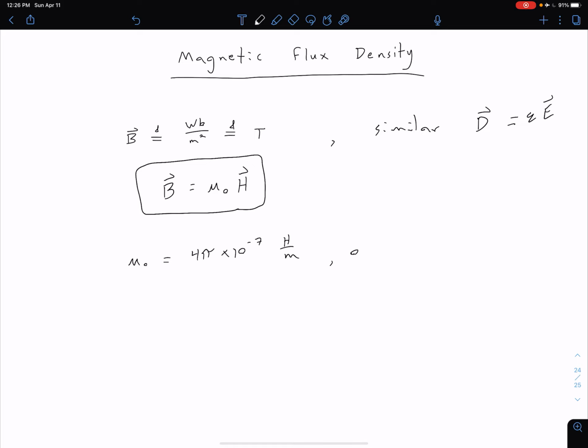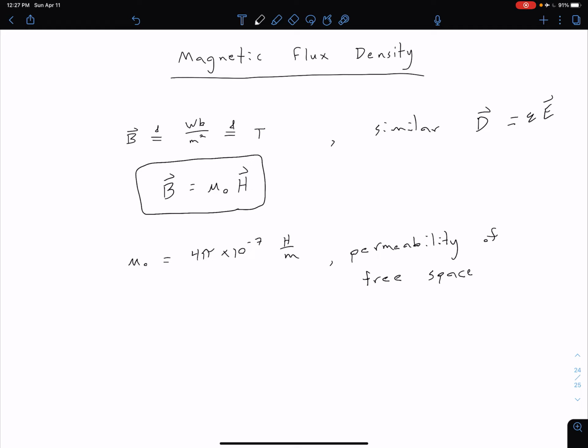And again, that's our permeability of free space. Just like we started out with only free space for our electric flux density, and came back and added a relative permittivity, epsilon sub r, we can update this later on as well and add a mu sub r, or a relative permeability of a material.